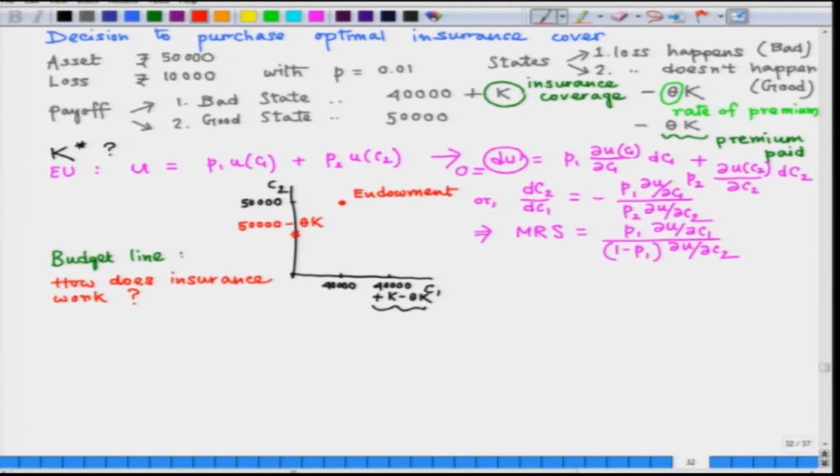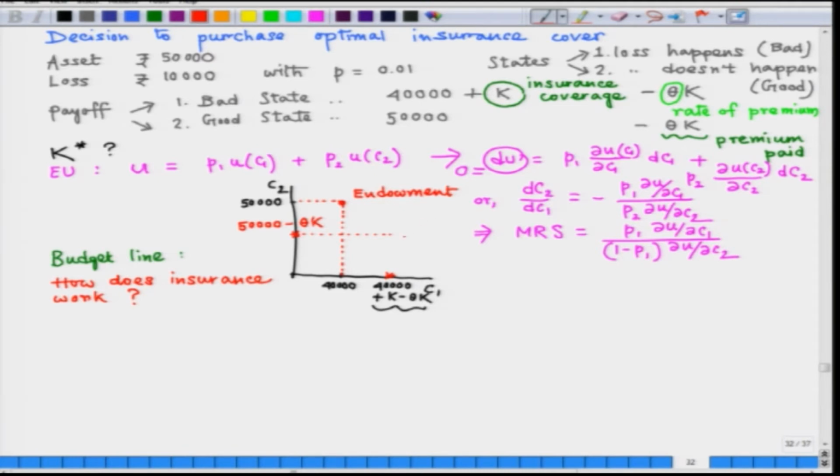As he does so, in return he gets this point along the C1 axis for consumption in a bad state. So, we get 2 points in the consumption plane. First point is our endowment point, and the second point is basically the choice that the consumer has made.